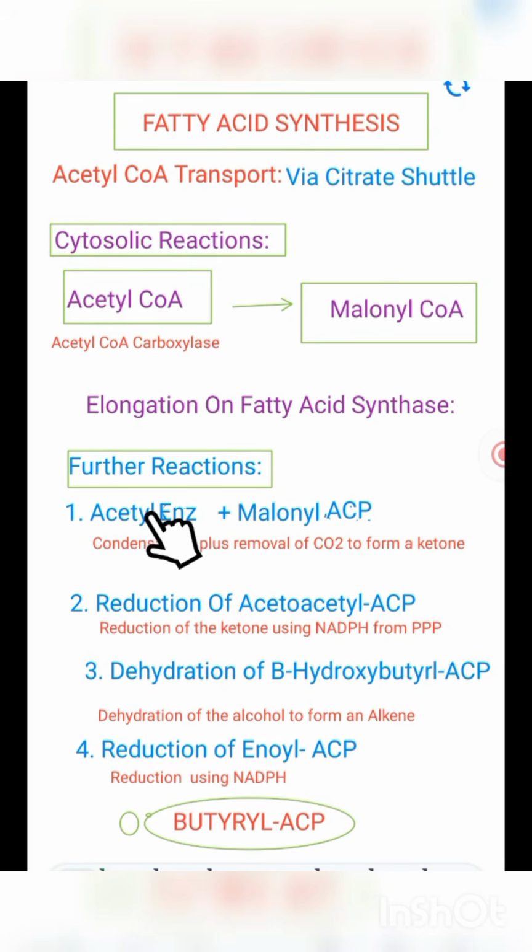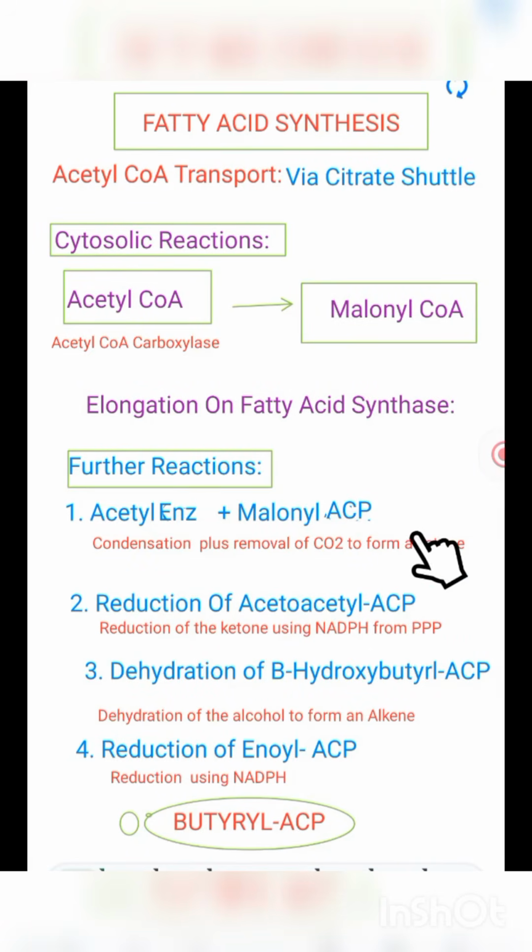So once acetyl CoA and malonyl CoA combine via the removal of a carbon dioxide molecule, we're going to form this ketone. Now, this ketone is the one that is going to undergo reduction. Then after reduction, you're going to have dehydration and another reduction step in order to produce butyryl ACP, which is a fatty acid that only has 4 carbon atoms.